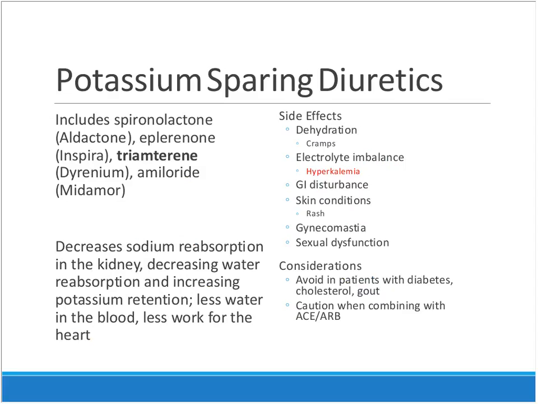Now, because of this, hyperkalemia becomes an issue. And again, we talk about agents such as ACEs and ARBs, which also cause hyperkalemia, so we wouldn't necessarily want to combine these agents with each other.